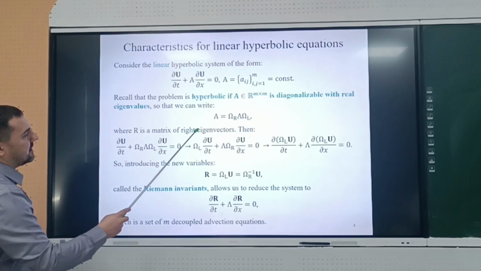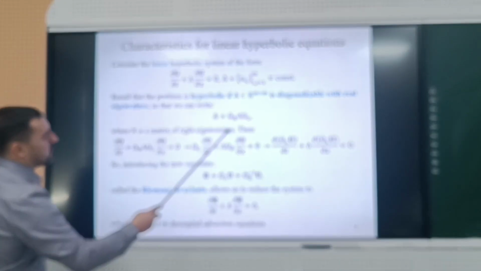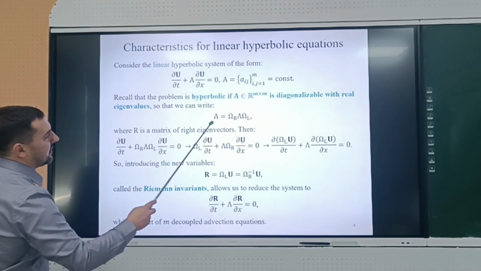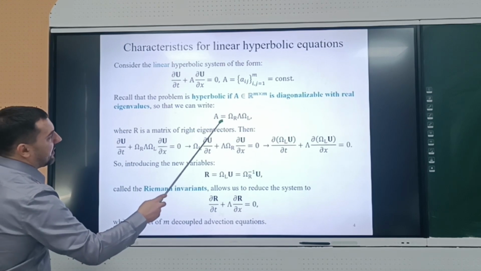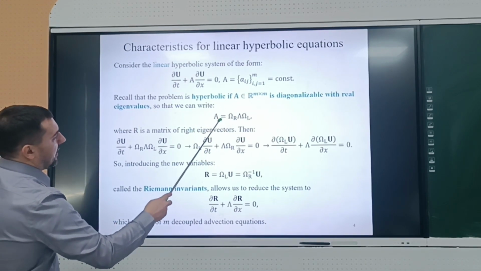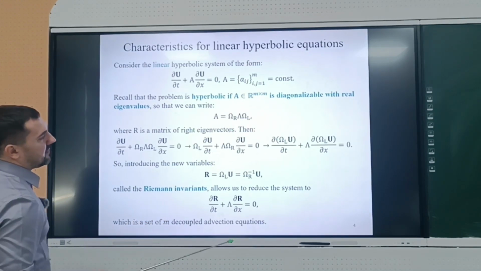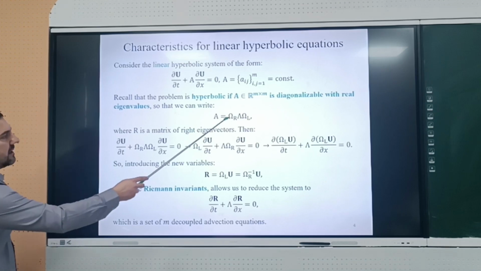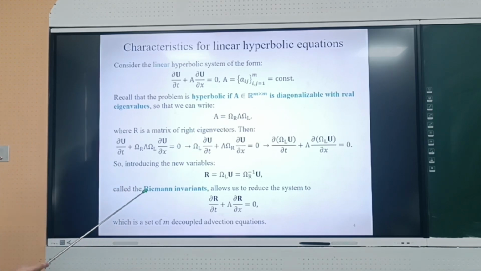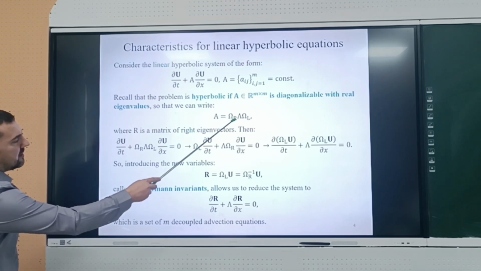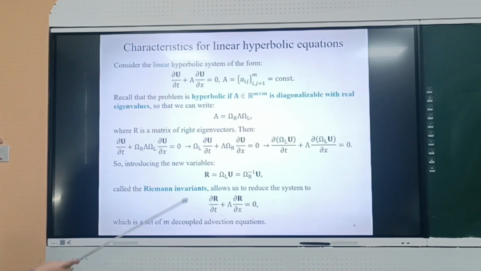It means that the following diagonalization procedure is valid: A equals Ω_R Λ Ω_L, where Ω_R is the matrix of right eigenvectors, Ω_L is the matrix of left eigenvectors, and Λ is a diagonal matrix. All eigenvalues in the matrix Λ are real.